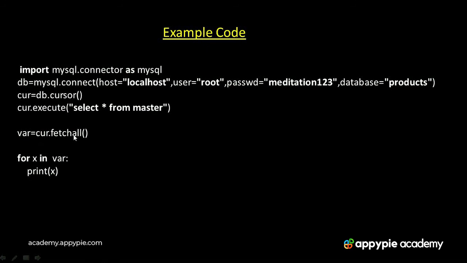Now what it will do is it will retrieve all the rows produced by issuing the previous SQL statement and put it into var, and all the rows from the master table will be fetched and put into var. And then by applying this simple loop, for x in var print x, I will be showing all the rows one by one.